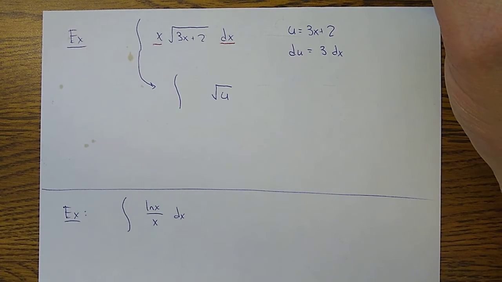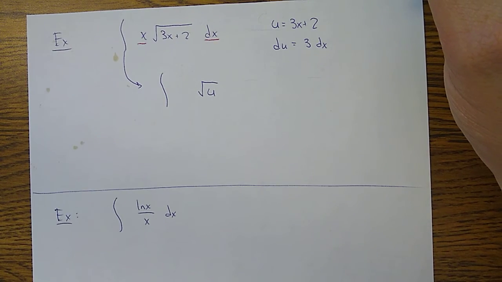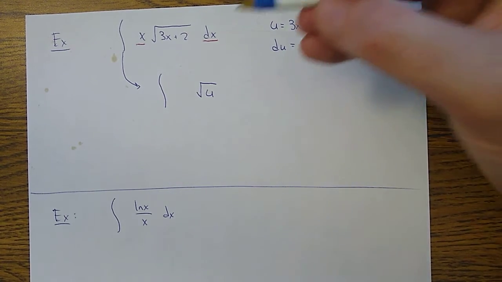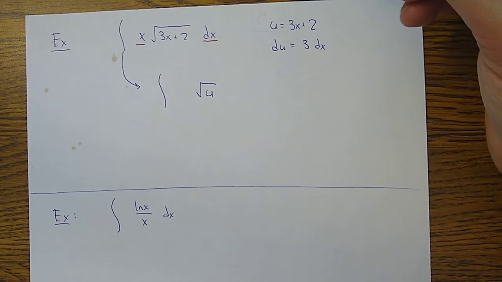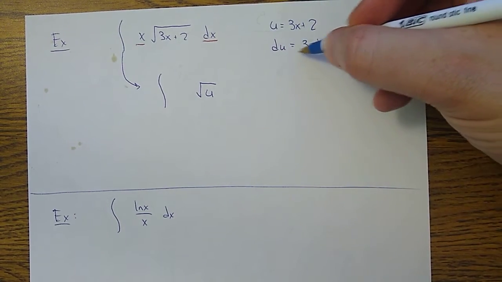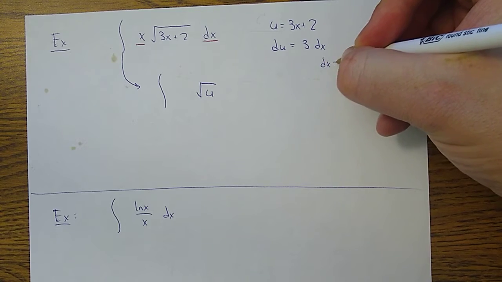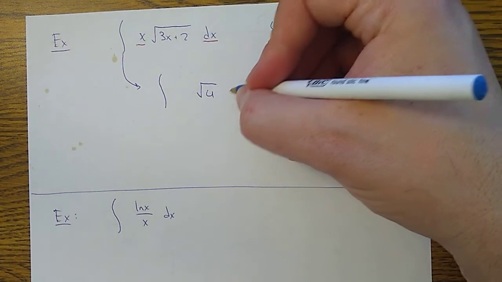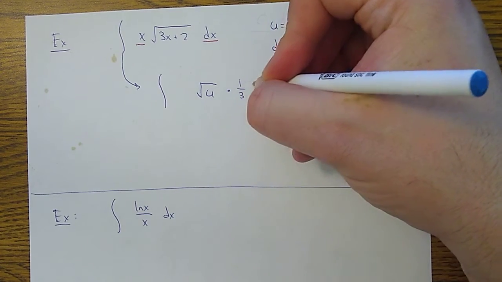So here's something you can try to do to make it work, even if it doesn't look like it wants to work. You can start solving for the things that you need to replace. I need to replace dx with something. I can look here. dx would be 1/3 du. So this dx gets replaced with 1/3 du.